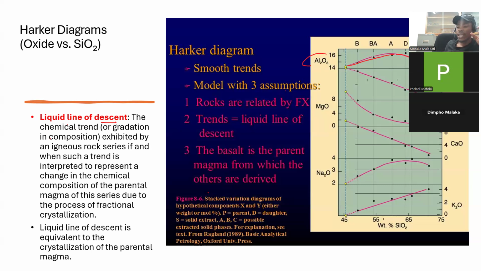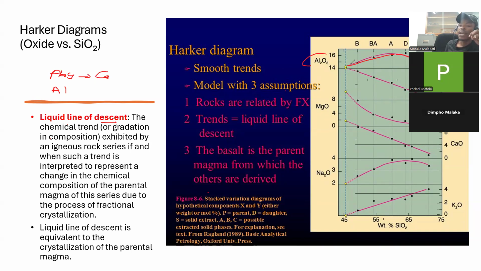Initially we are crystallizing plagioclase, and the plagioclase will take up calcium. So calcium is removed from the system, which means the aluminium remains in the system. That's why the aluminium starts to increase.